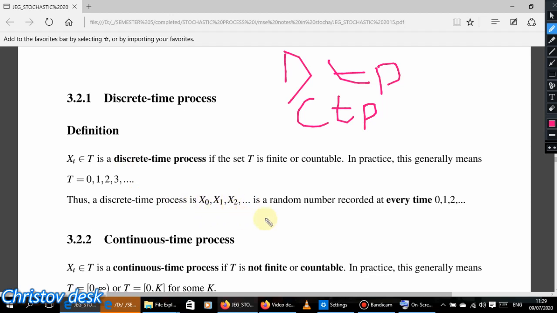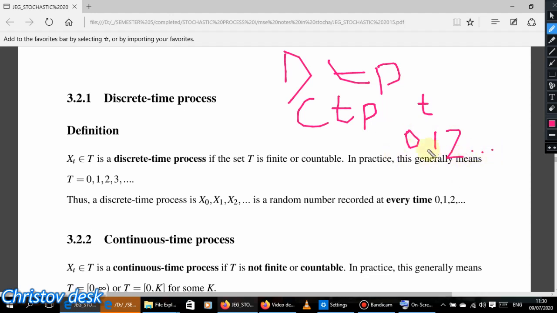It can be S0, S1. It's a random number recorded at every time 0, 1, 2, 3. So what I'm saying is that for a discrete time process, the time domain is purely whole numbers starting from 0, 1, 2, in that order.